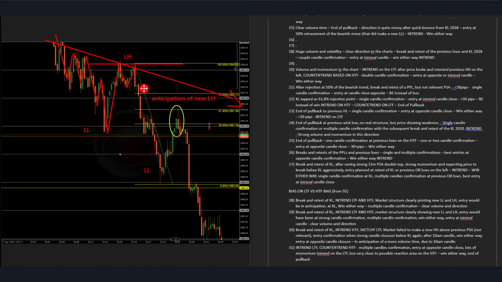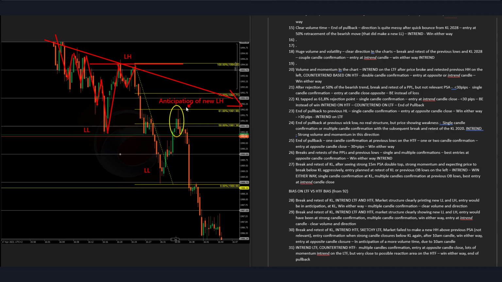An entry over there at 1991 would be nice, at least 25 pips profit in anticipation of the continuation. If we reject over there, I will be at break even, so that's not a risk. It's not like entering sells over there.